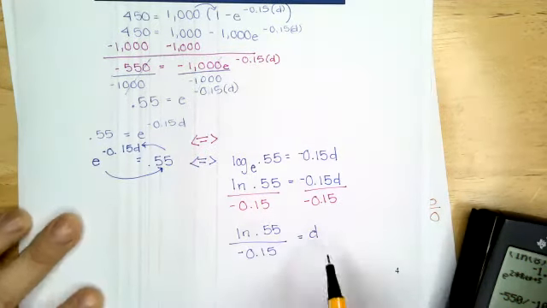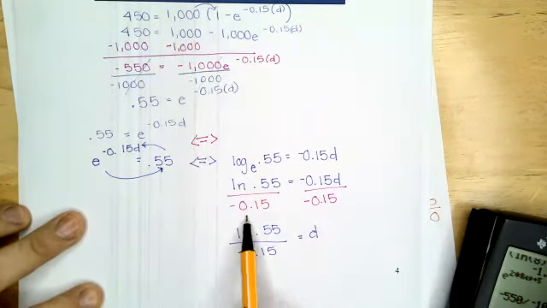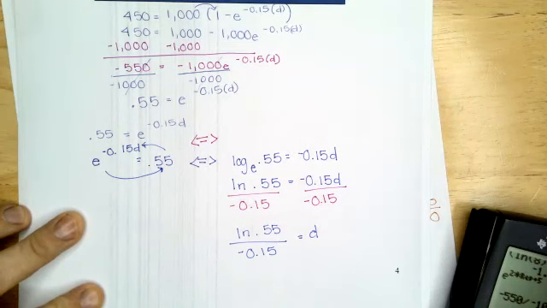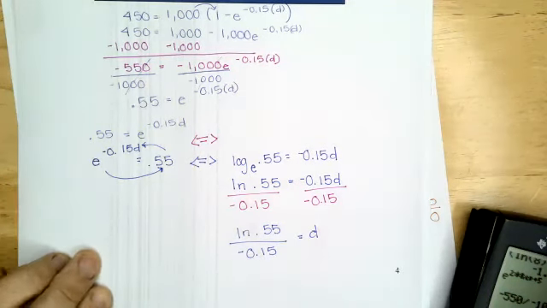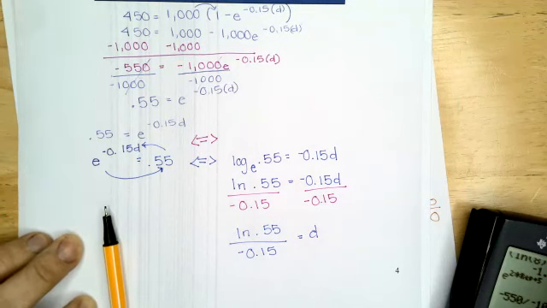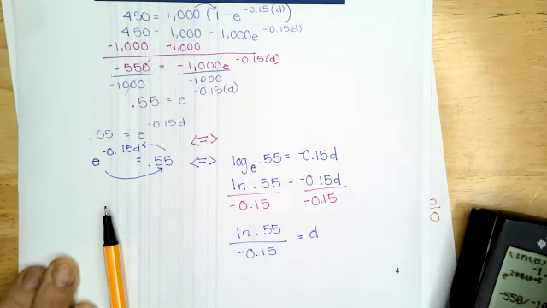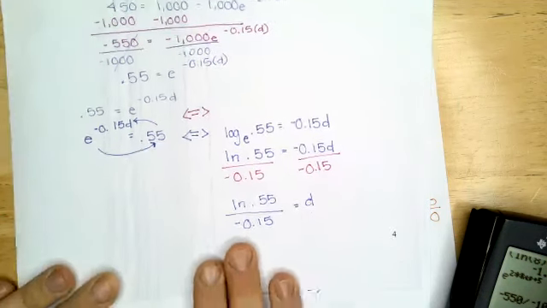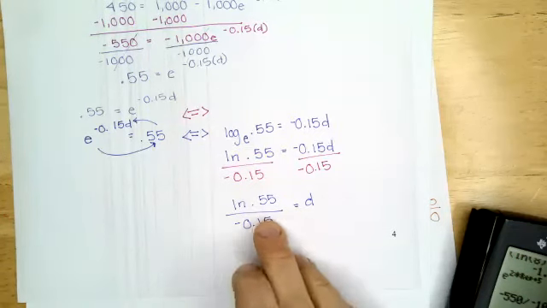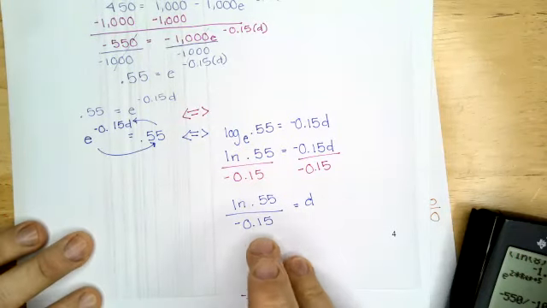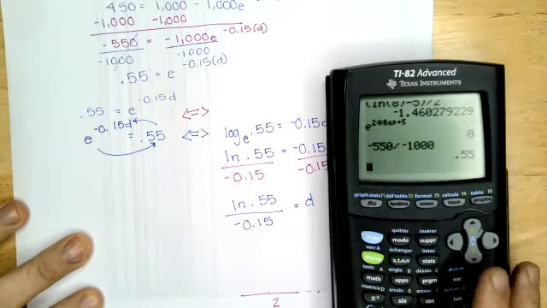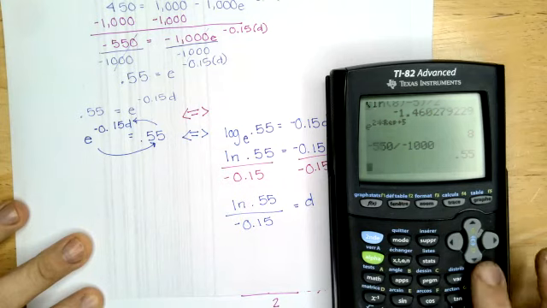Because we know that D stands for days, this doesn't make sense as a unit, right? Days is our unit, so this isn't a number of days. So we should put it in the calculator. If you get like 7, that'll be 7 days. If you get 3.5, 3.5 days, right? Because natural log of 0.55 over negative 0.15 is not easily understood in terms of days.